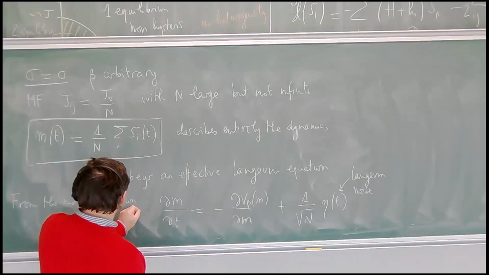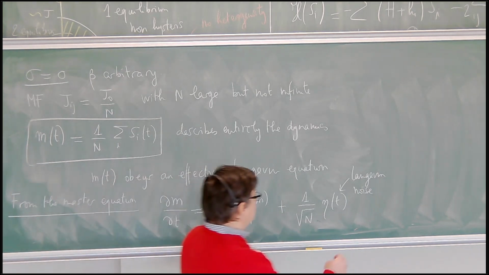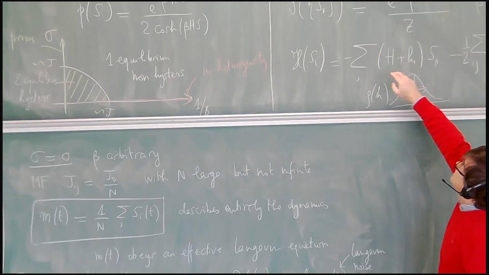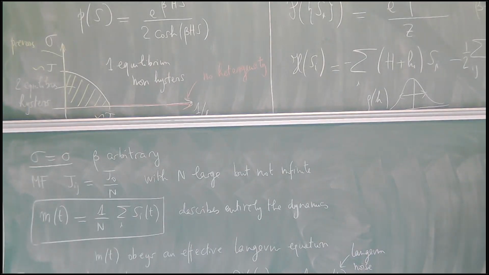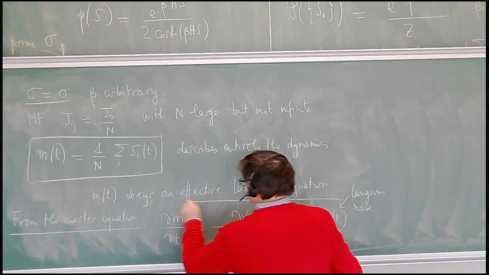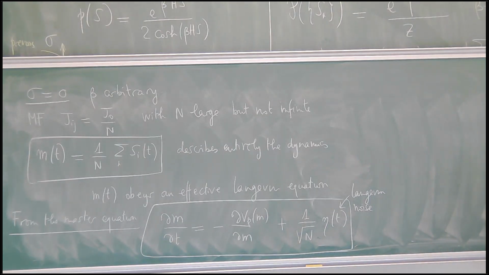So from the master equation, describing all the spins, you can shrink down this master equation, which, as I just said, describes the evolution of the full configuration of all the spins. The master equation is the evolution of a probability distribution over all the configurations. You can shrink this description down to a unique object, which is m of t, which is a one-dimensional object, and the resulting evolution, which I'm not showing here, but it's not super difficult to get this equation.